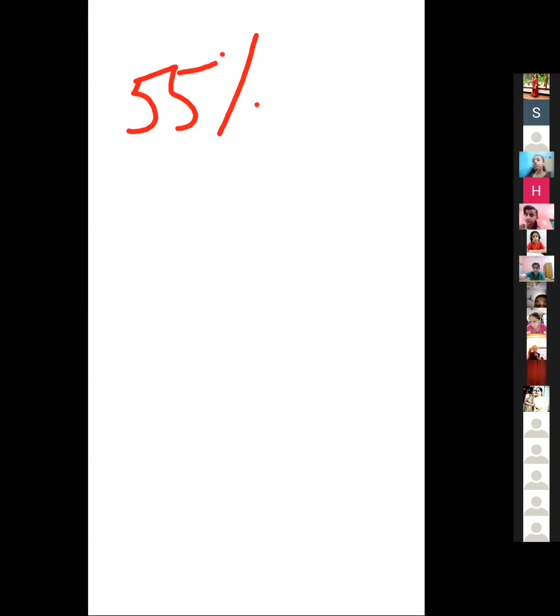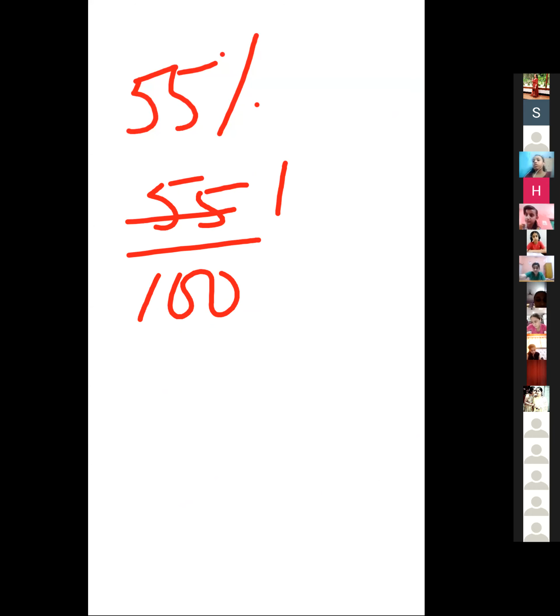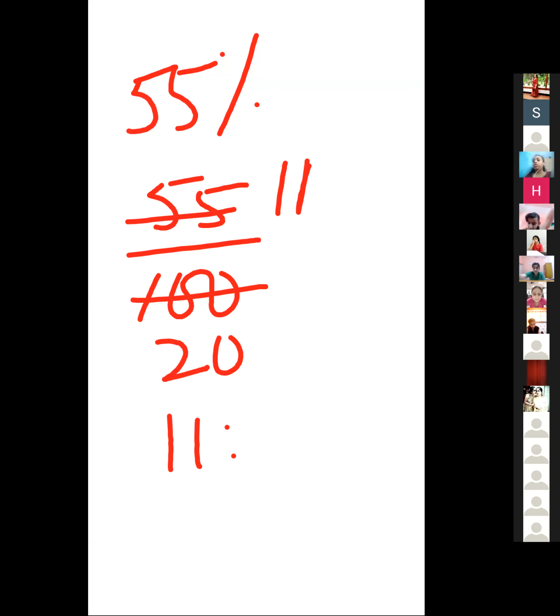Very good. How have we done it? 55 upon 100. Now cut it. 5 11s are 55 and 5 20s are 100. So what is the ratio? 11:20. Very good, girls.